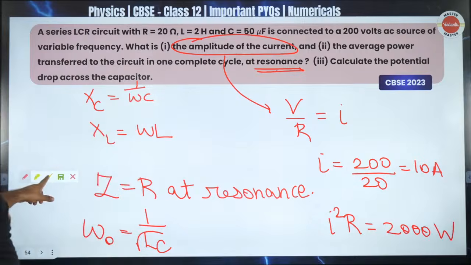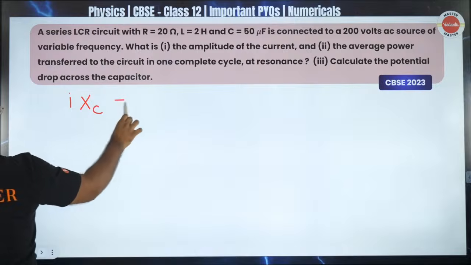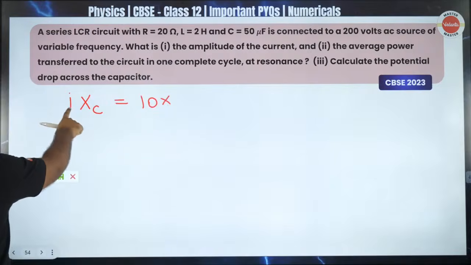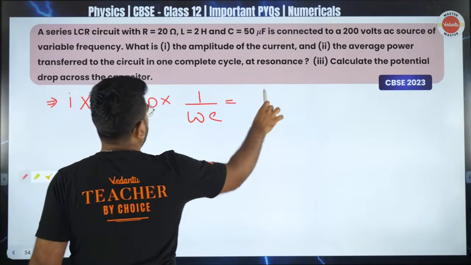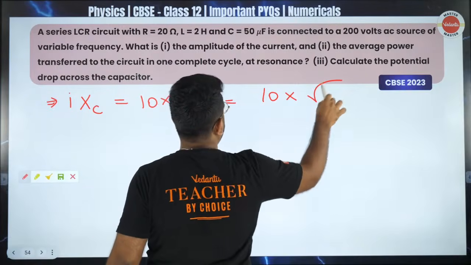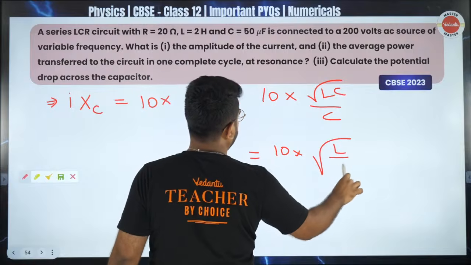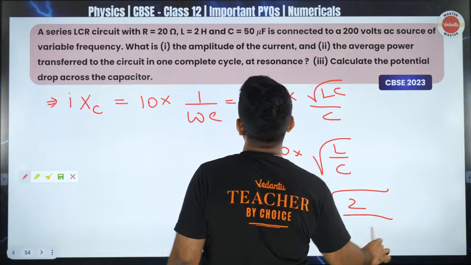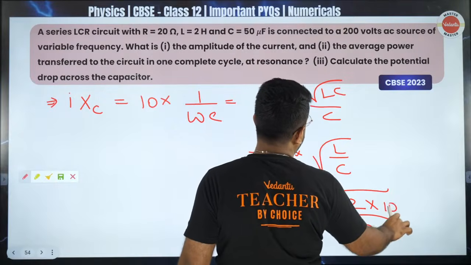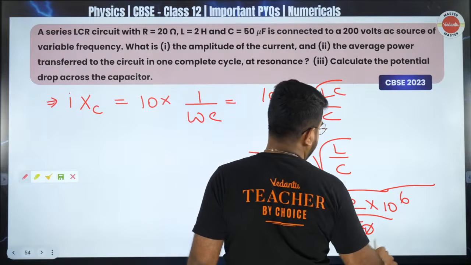Potential drop across the capacitor is current into XC, the capacitive reactance. So that is going to be 10 into XC. Capacitive reactance is 1 by omega C, and omega is 1 by root LC, so it is 10 into root of L by C. L is 2, C is 50 into 10 to the power 6, so it is 10 to the power 5.